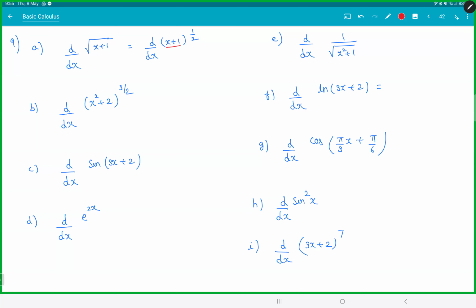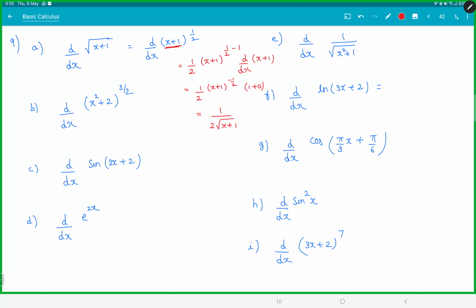So this is looking like something to the power of half. So this will be half into that same function to the power of half minus 1, and then differentiate whatever is inside. This will be 1 by 2 (x plus 1) to the power of minus half, and then the differential of x plus 1 is 1 plus 0. That is 1 by 2 root x plus 1. dx by dx is 1 and the differential of 1 is 0.